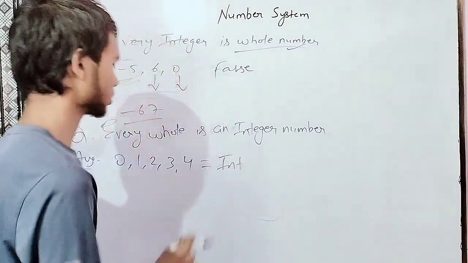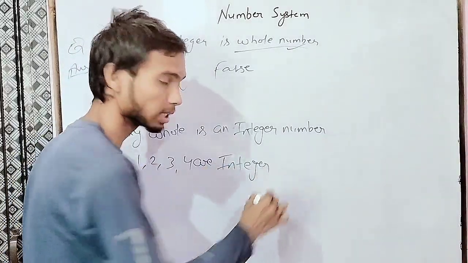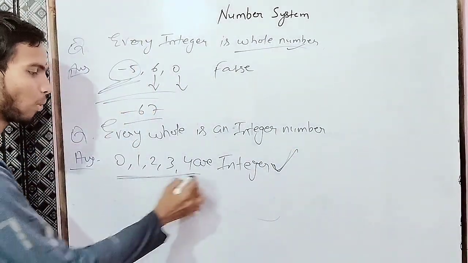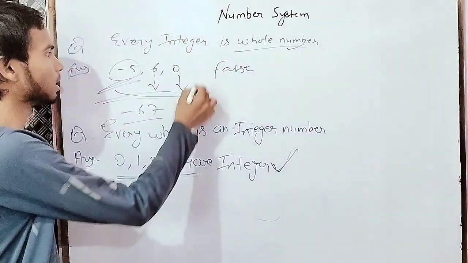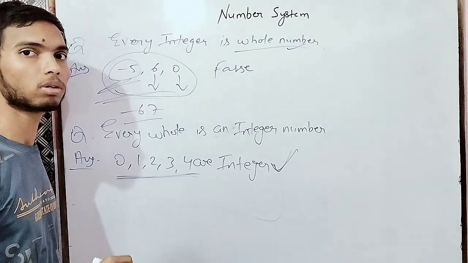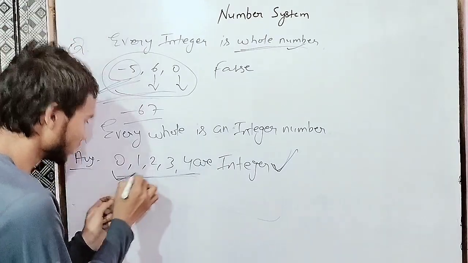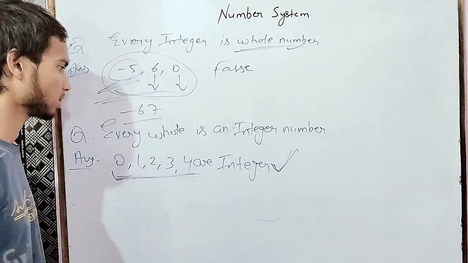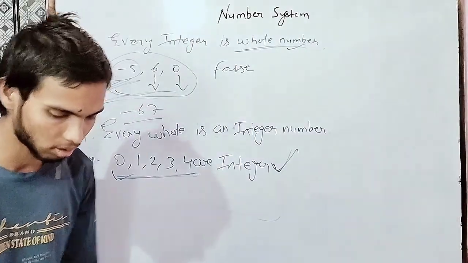Integer. Yes. All of these come in integers, but not all integers come in whole numbers. All of these are coming in the integer category, in the category of integer numbers. Just have a look.